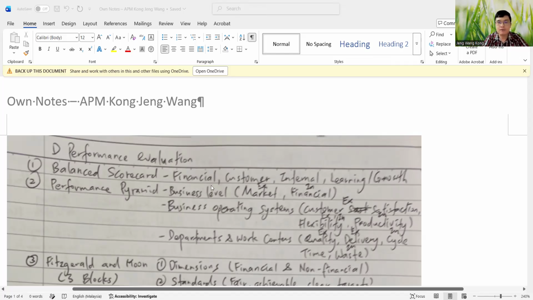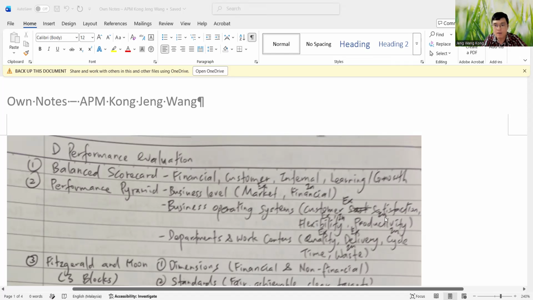So you write balanced scorecard: financial, customer, internal, learning and growth. So these are the components inside the balanced scorecard. Performance pyramids, we have three levels: business level, market, and financial. Market is external and financial is internal. Under the business operating system, the tool consists of customer satisfaction, external, and flexibility, external, which belongs to markets.